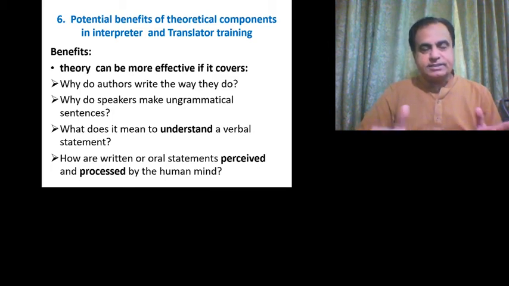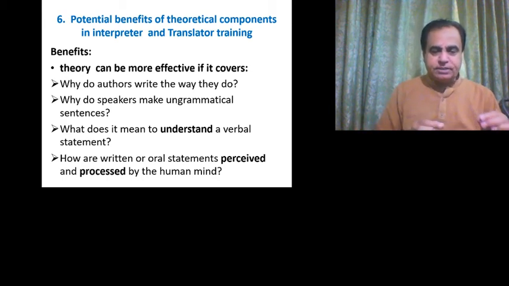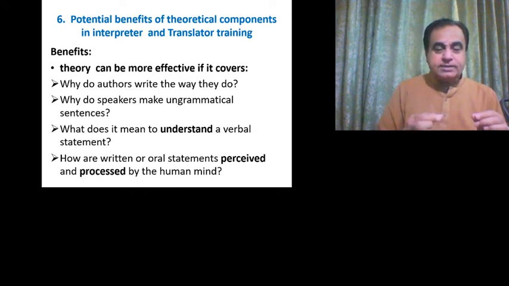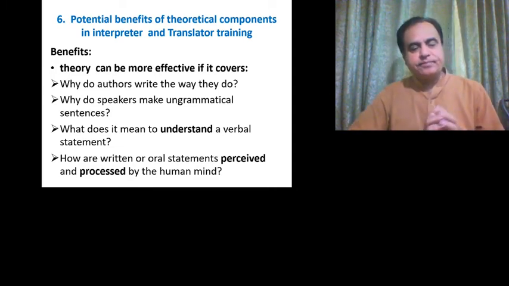There are strategies devised for translating the verbal statement, and why understanding the verbal statement is very important, especially in interpretation and in translation as well.